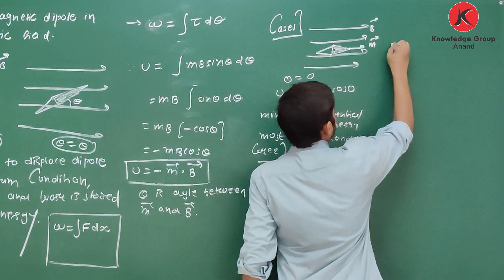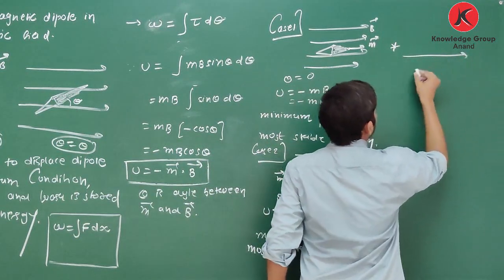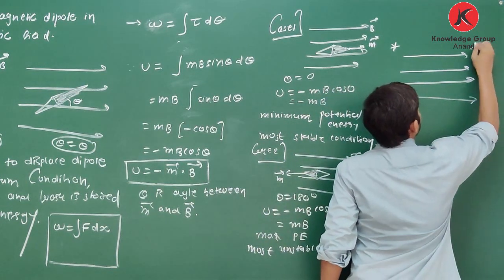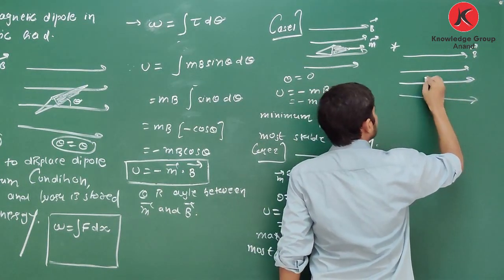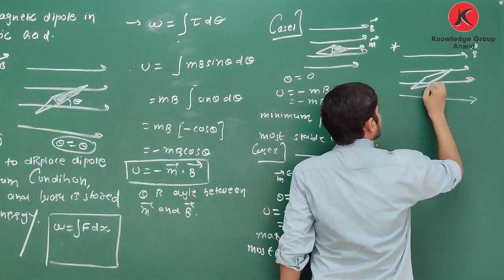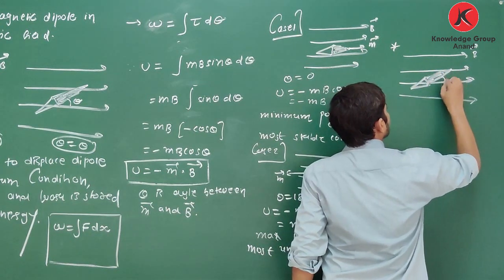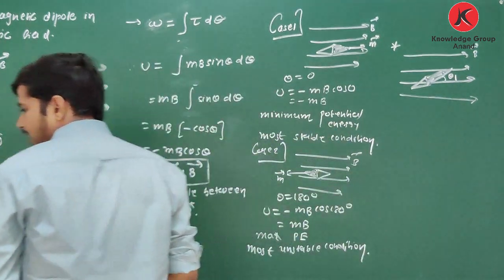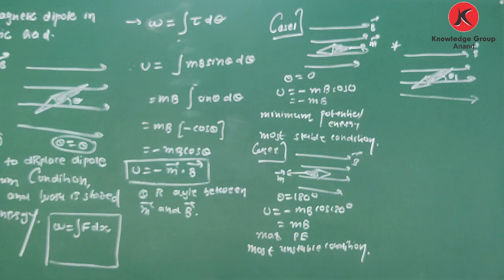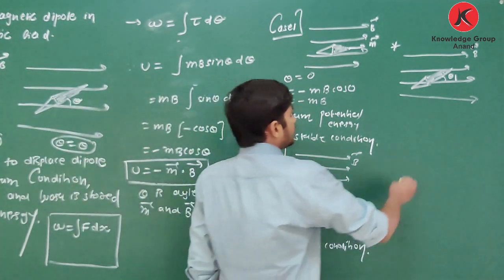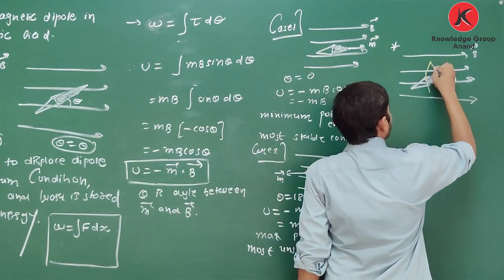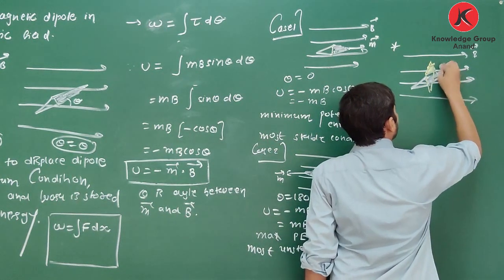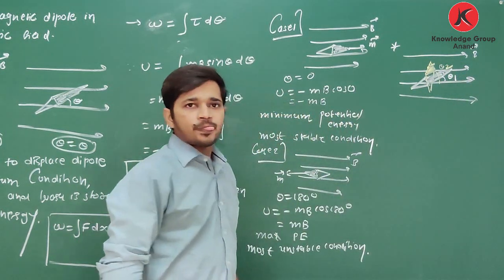See, here, if it is a uniform magnetic field B, initially the dipole is placed like this at angle theta 1. Okay, and then it is rotated to some other angle theta 2, then what is the work?